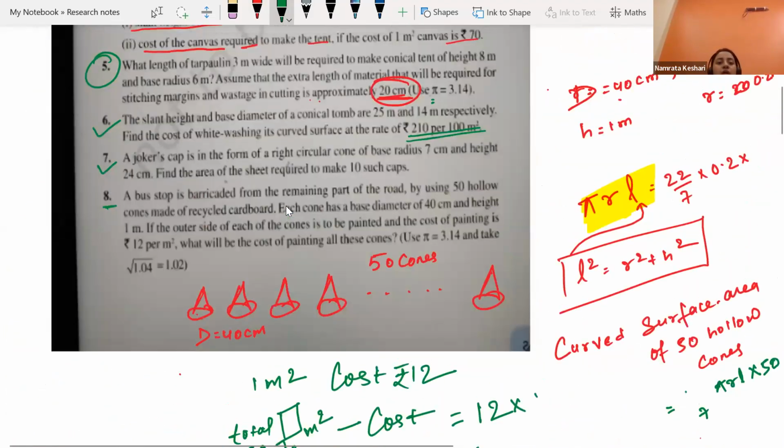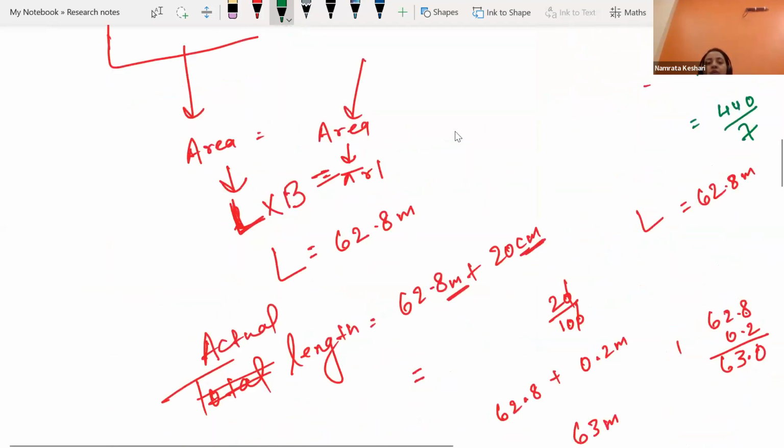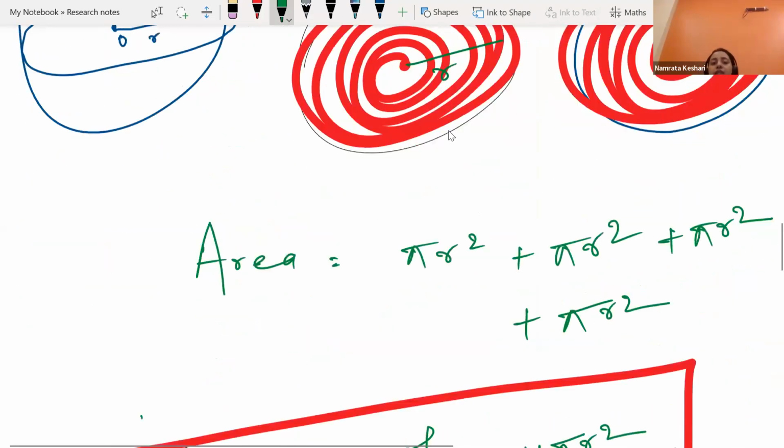Find the cost of whitewashing its curved surface at the rate of 210 per 100 meter square. We'll be finding the cost of whitewashing. Okay, its curved surface, curved surface of this cone we'll be finding first, and then the total cost we'll be able to find.